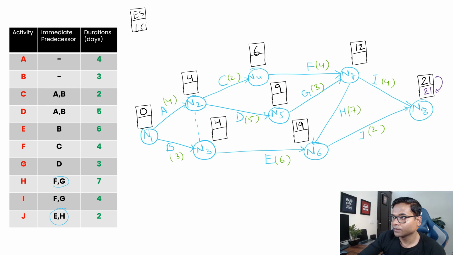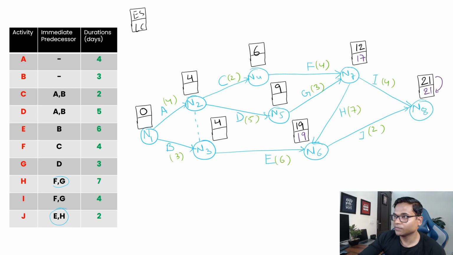Now from 21 we do the reverse calculation. 21 minus 4 is 17, so let's type 17 here. Then 21 minus 2 is 19, right? But again here we need to see one more thing.